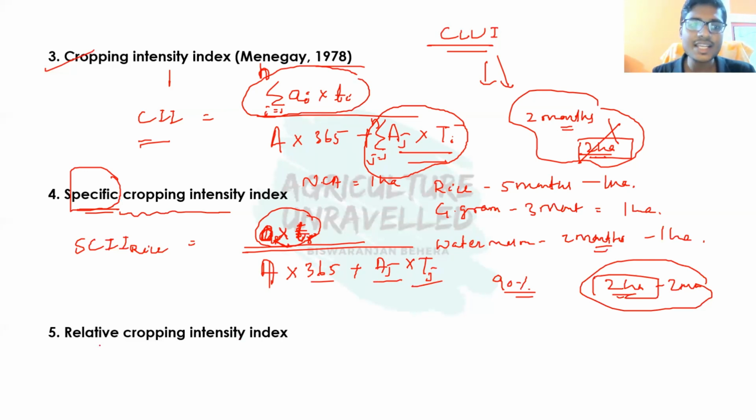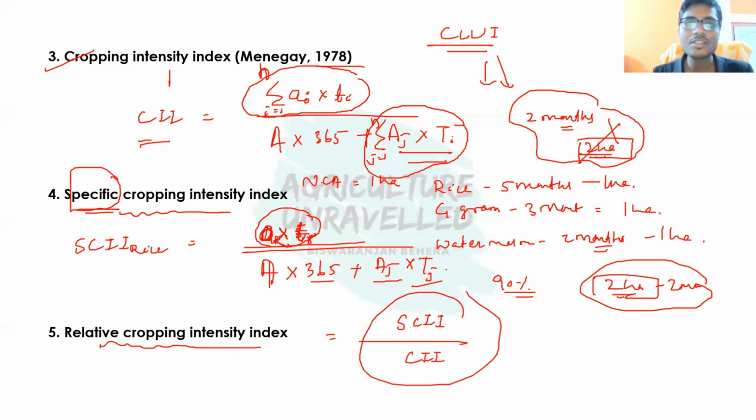Then coming to the next, that is the relative cropping intensity index. The relative cropping intensity index is the ratio between the specific cropping intensity index and the cropping intensity index. All these concepts were given by Menege in 1978.